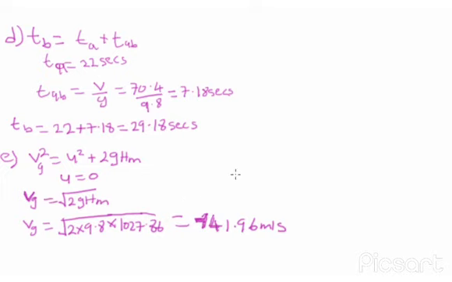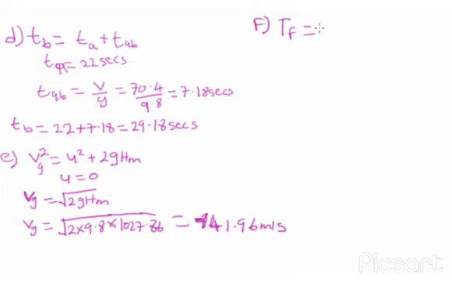So the last question, question F, we are asked to calculate the total time the object spent in the air before it reached the ground. That is the total time of flight. Let's label it as TF.